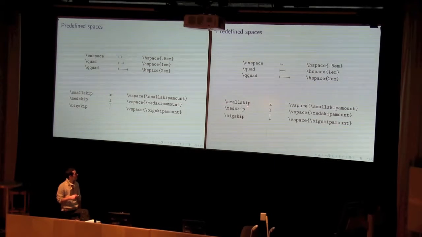So when you put a medskip, in fact, this is read by LaTeX. This is a command that expands, that is seen by LaTeX as a vertical space, which is the length medskipamount. You can change this length for your document. Okay, this is an example of customization you might want to do.